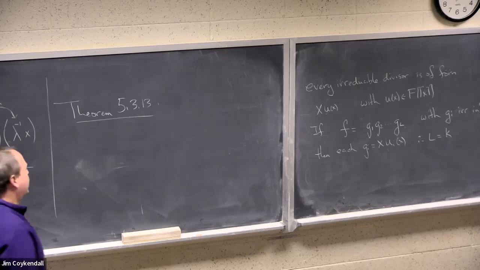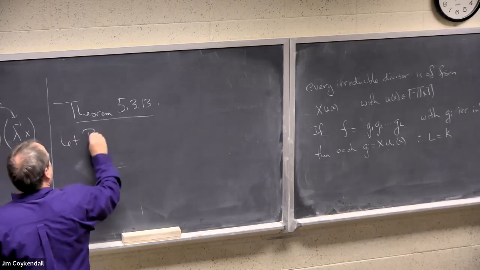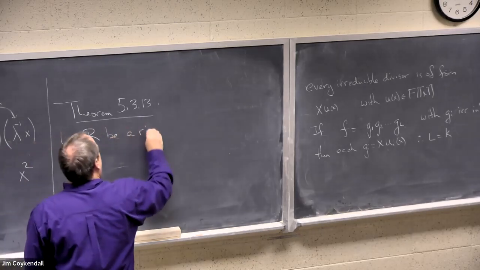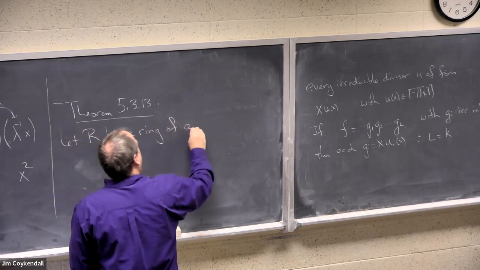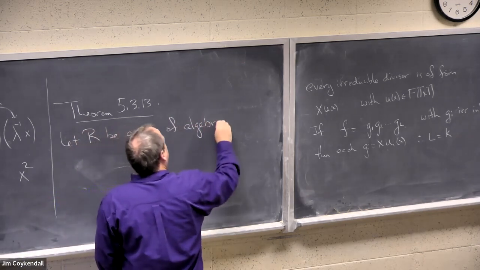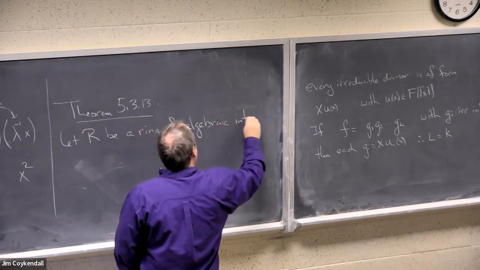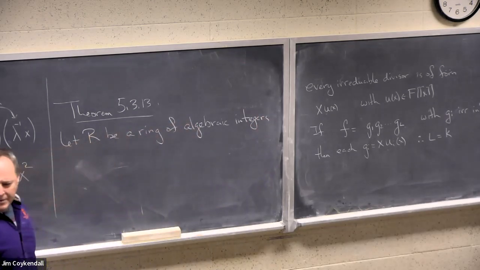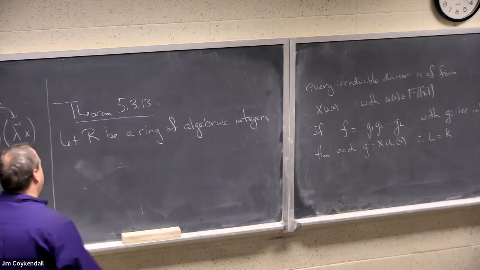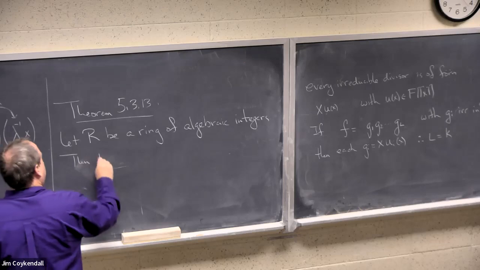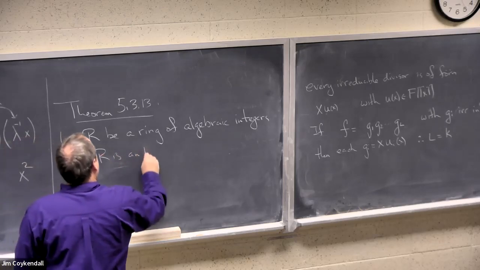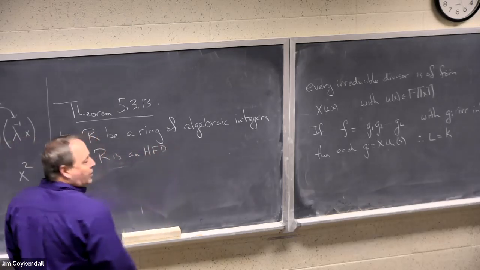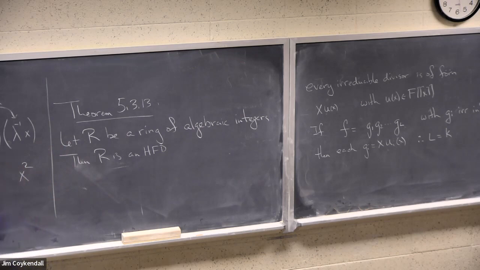Let R be a ring of algebraic integers. Then R is an HFD if and only if its class number is less than or equal to 2. Of course, this paper didn't use the terminology HFD because the paper actually predated that terminology.